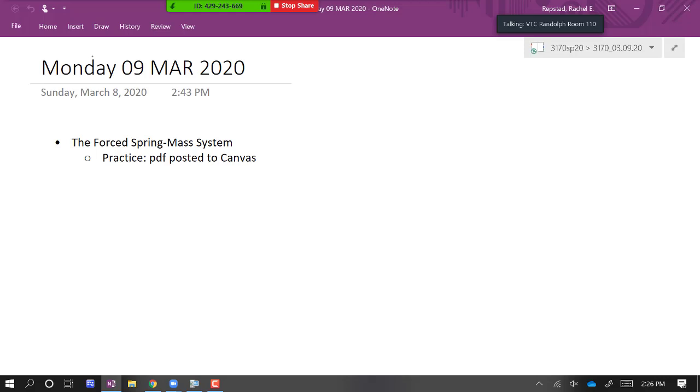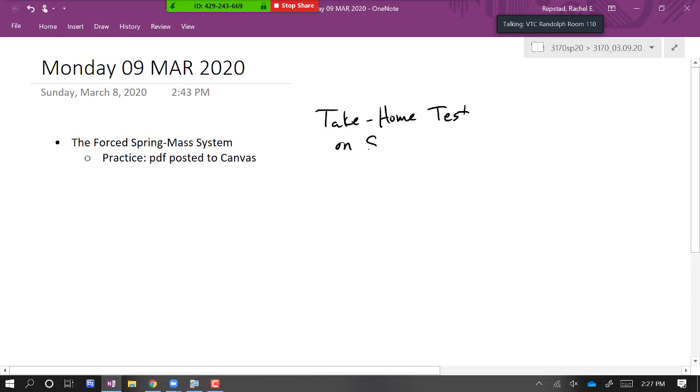I know it feels like we just did one, but in order for things to go as smoothly as possible, I think it would be a good idea to schedule another take-home test sooner rather than later. I can be flexible on the due date. I don't know what other big things you have coming up in other courses.